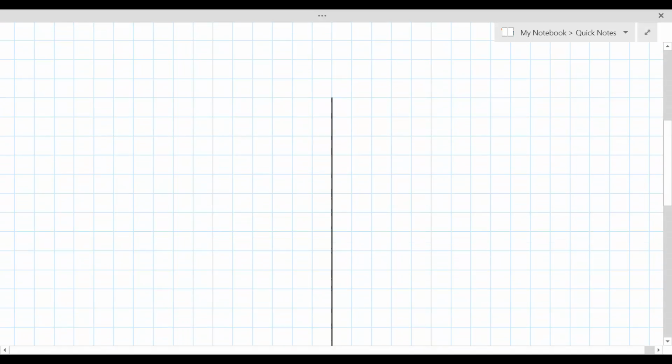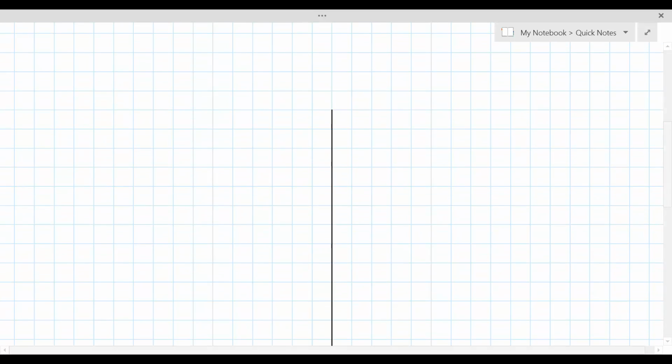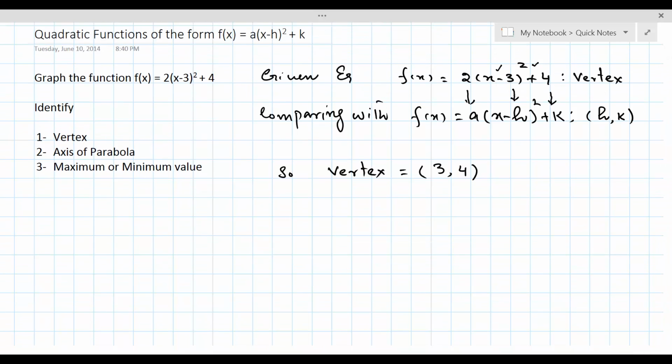So let's find out where the vertex is. On the current graph grid, 3 and 4: 1, 2, 3 and 1, 2, 3, 4. This is where the vertex is. The vertex is equal to (3, 4) because we are going to start from the base graph, apply a horizontal shift of 3 units toward the right and a vertical shift of 4 units toward the positive y-axis, and then go from there.